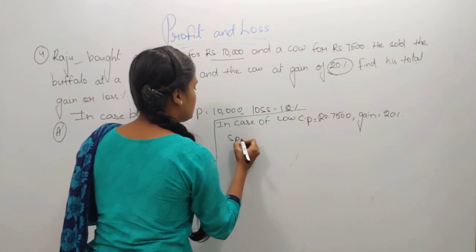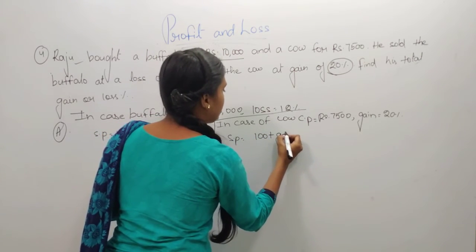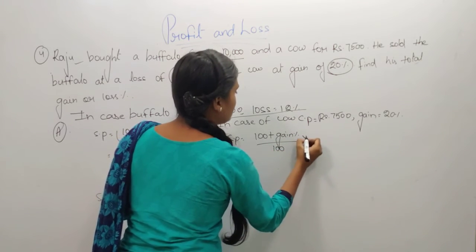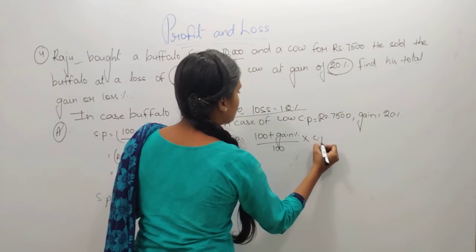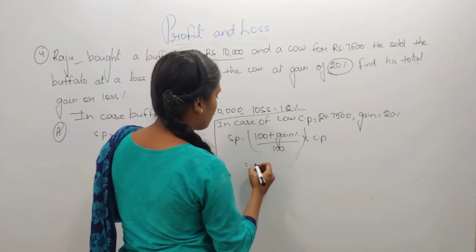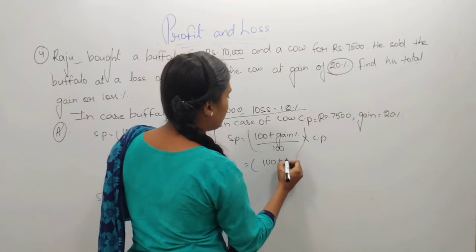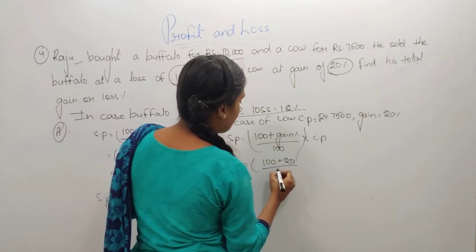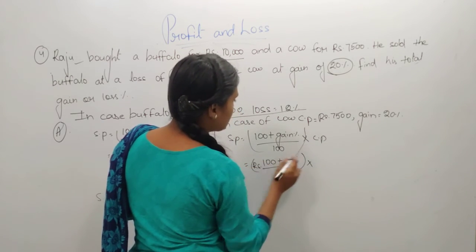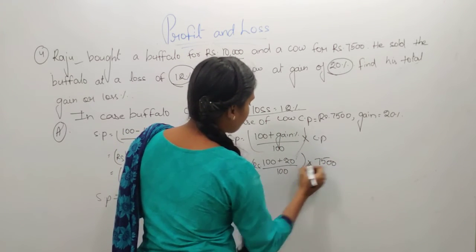Now we can put the formula directly. SP is equal to (100 plus gain percent) by 100 into cost price. Now substitute this in the formula. 100 plus gain percent, how much? 20 by 100 into cost price, how much is it given in the question? 7,500.